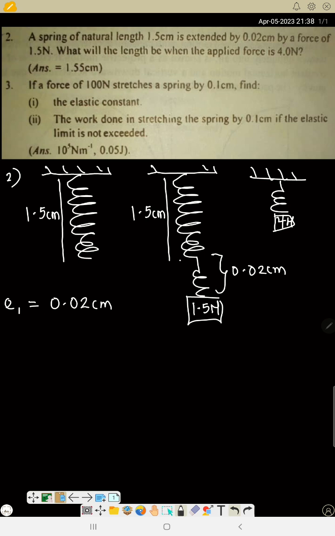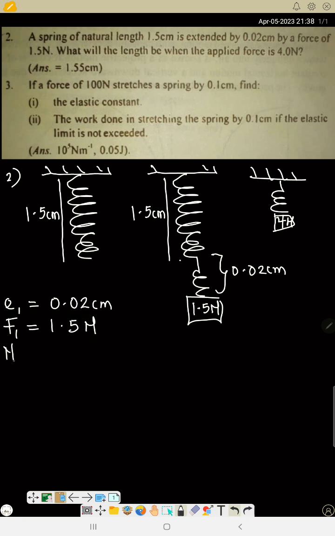Now according to the question, we have E1 to be 0.02, stretched by a force of F1 equals 1.5 Newton. Meaning if you apply a force of 1.5, this spring is stretched by 0.02.